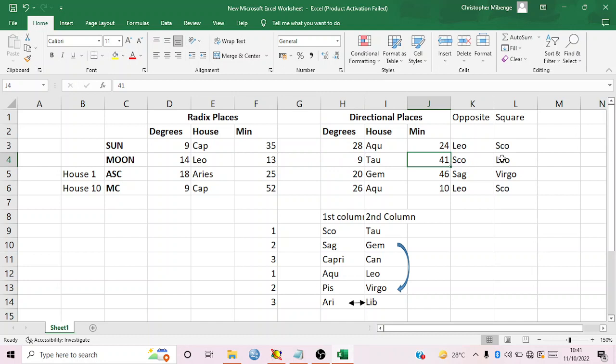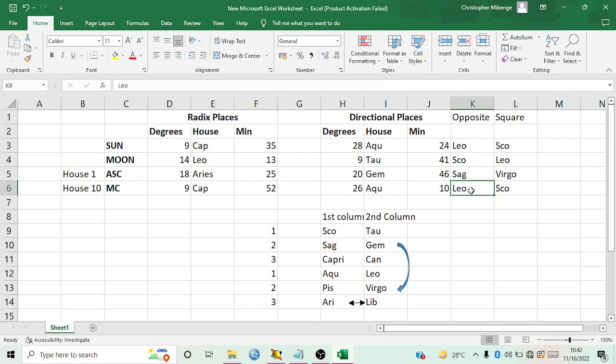Its square position to that directional place is Leo, 9 degrees 41 minutes. And then the opposite of the directional place of the ascendant, which is house 1, is Sagittarius 20 degrees 46 minutes, right? And its square is simply Virgo 20 degrees 46 minutes.